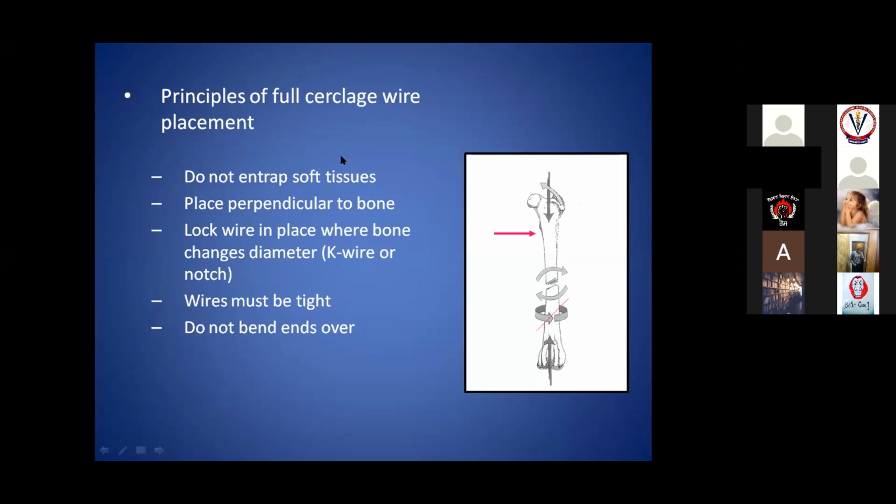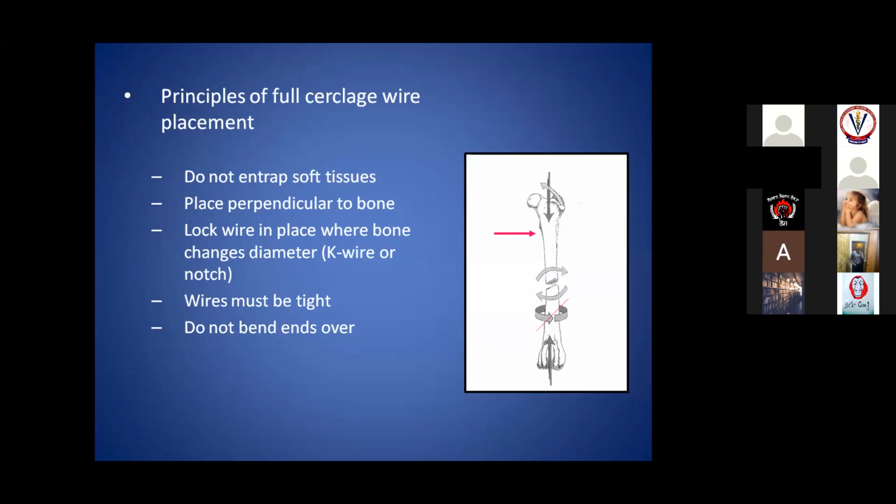So these are the principles of full circular wiring, and this is how different forces act on the bone. And do not entrap soft tissues. When you're placing a full circular wire, you should take proper care that your wire is passing around the bone and is not involving any muscle, ligament or tendon. Because if you do it over the soft tissue and tighten the wire, that soft tissue will undergo avascular necrosis.